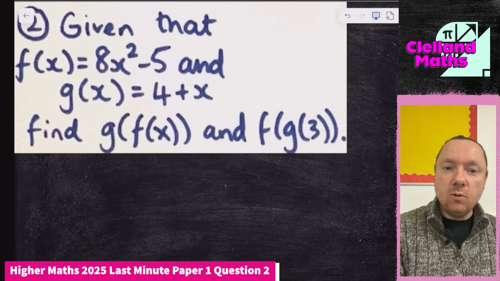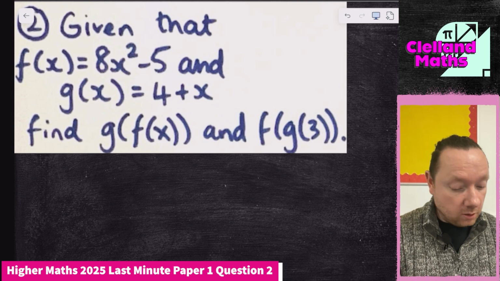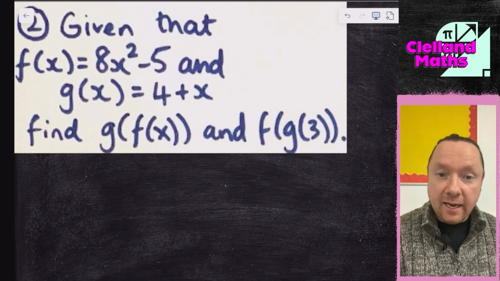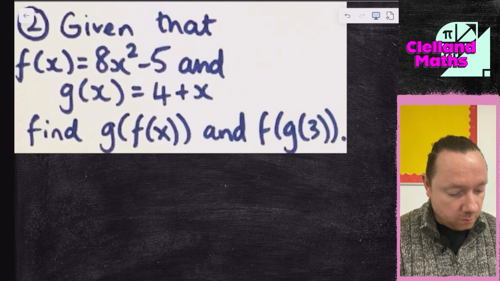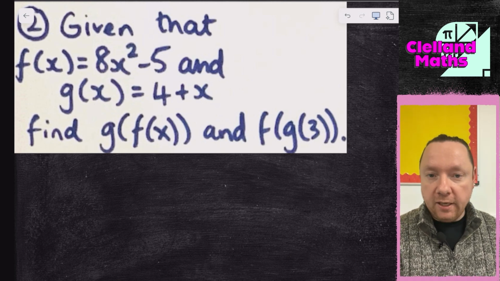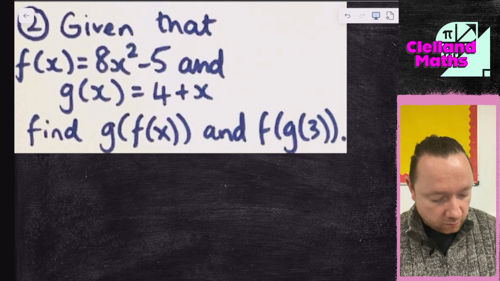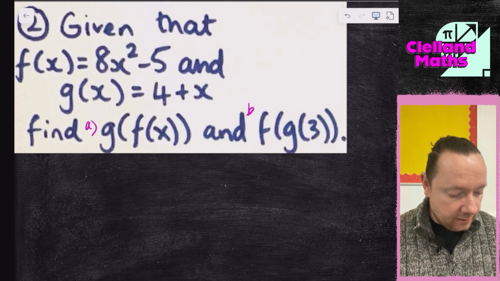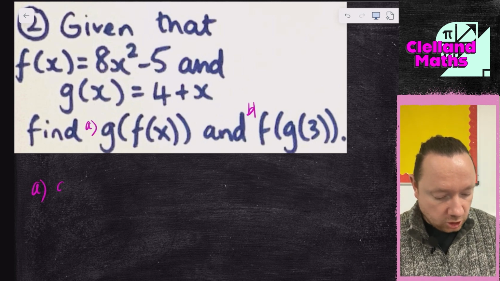Let's do Higher Maths 2025 last minute paper 1 question 2. Given f of x is 8x squared minus 5 and g of x is 4 plus x, find g of f of x and f of g of 3. Okay, I'll do the first bit first. So let's call that A and call that B. So part A, I want g of f of x.